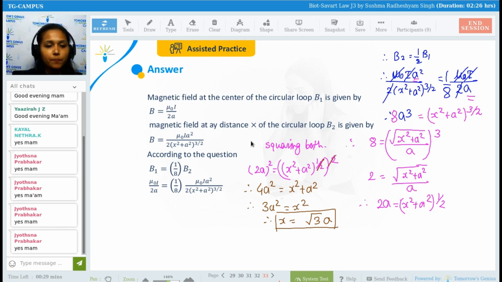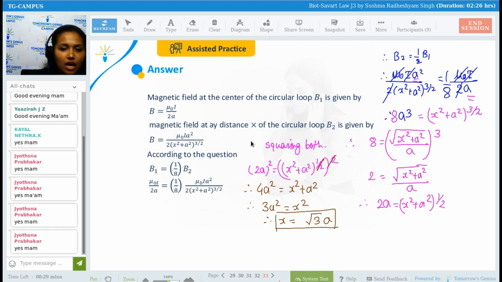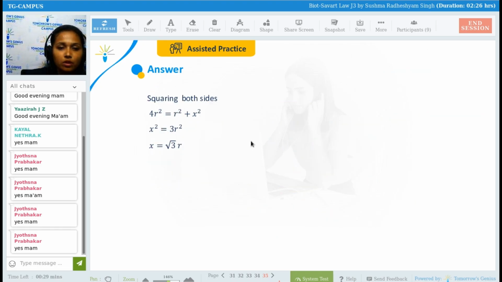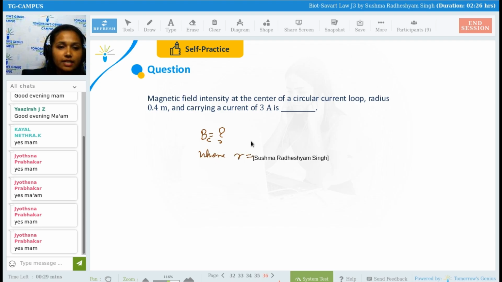Hello, clear this problem? Now, here there is an R present. Instead of R, just consider A. Or if you want to put R, in this problem put R only, no problem. Now the question is: magnetic field intensity at the center of the circular current loop of radius 0.4 meter and current 3 ampere.